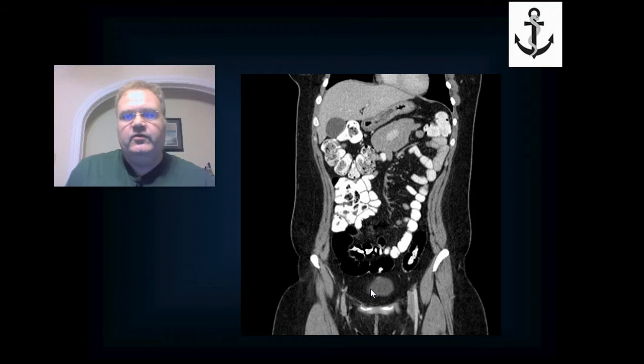So this is looking from the front: lung, liver, gallbladder, bowel, and the bowel is connected to the back of the abdominal cavity by your mesentery. That's where the blood flow comes in. That's where all the nutrients go out.